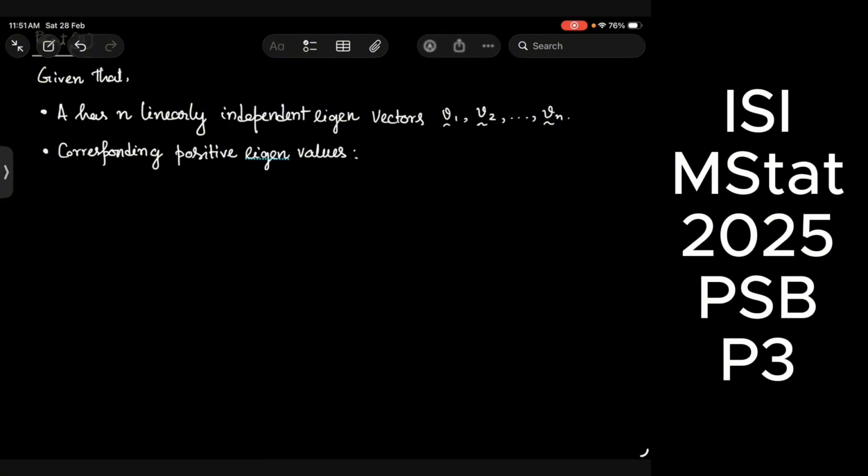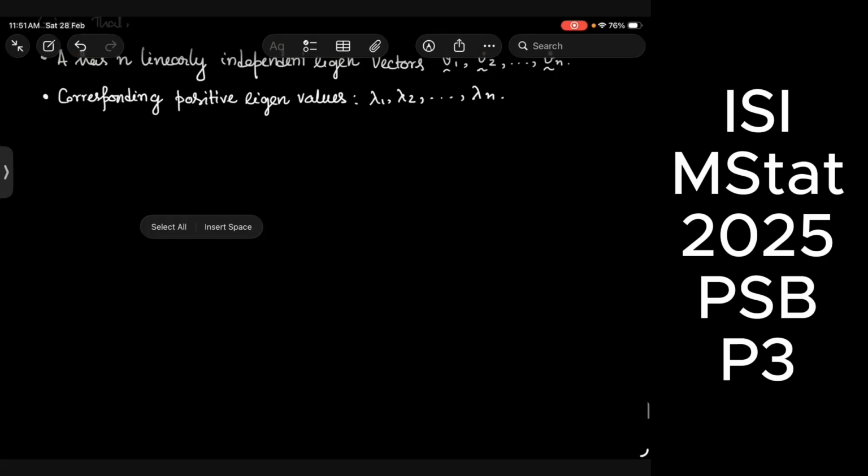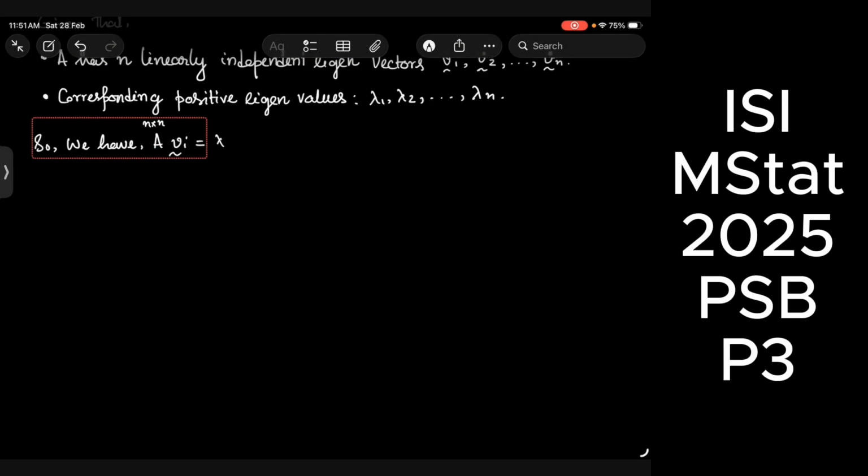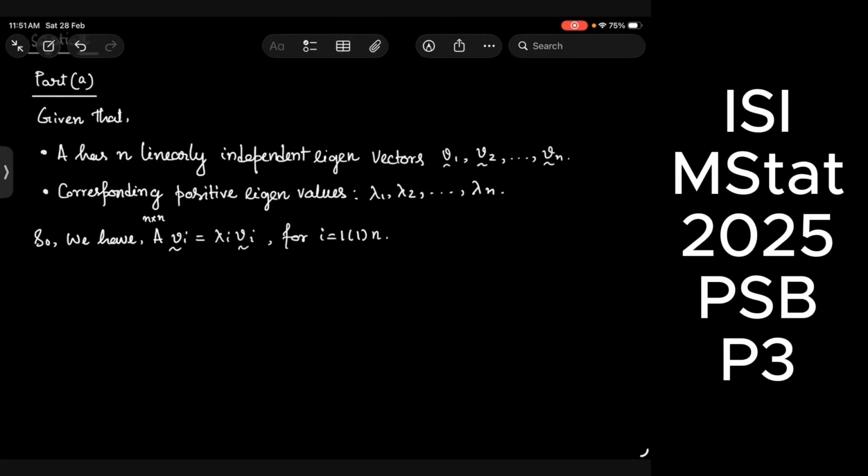So corresponding positive eigenvalues lambda 1, lambda 2 up to lambda n. So we have A Vi equal to lambda i Vi, for i equal to 1 up to n, right?